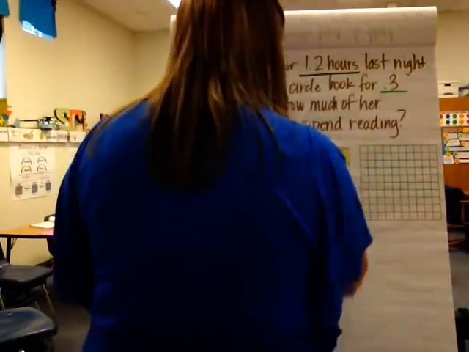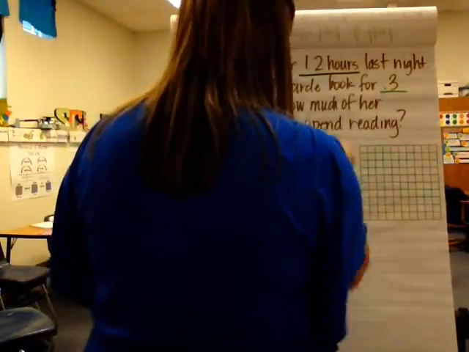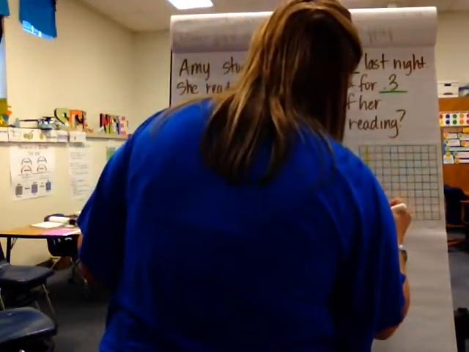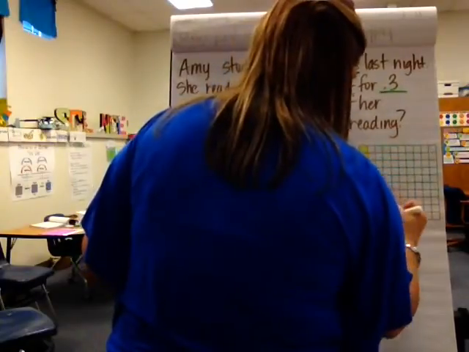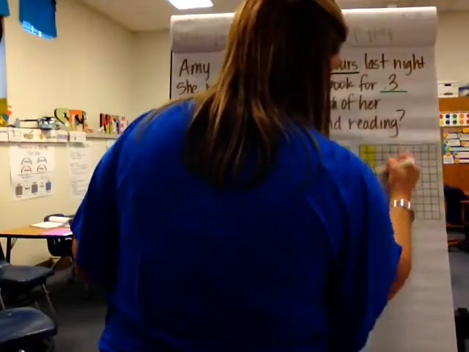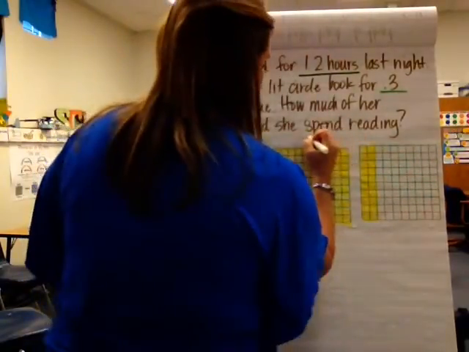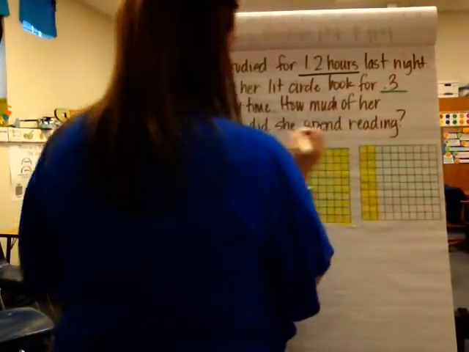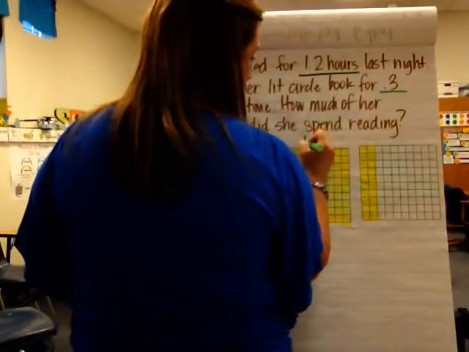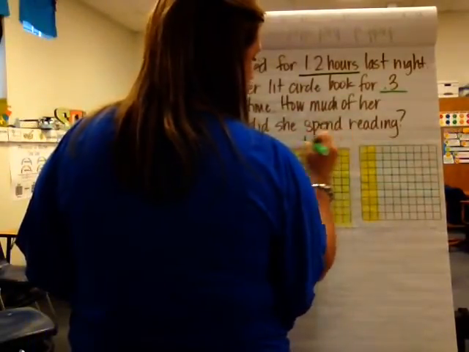So I'm 1 whole and 1/10, 2/10. So this is 1 2/10. I'm going to do that with the darker one so you can see. I apologize. 1 2/10. Going down.